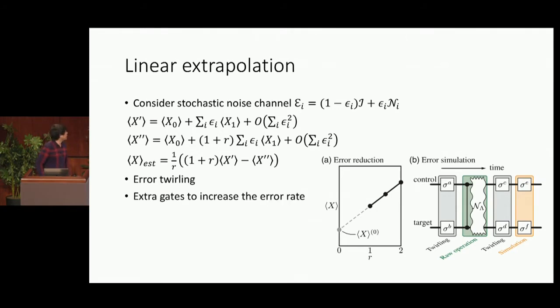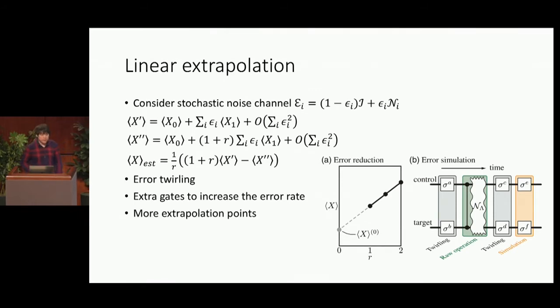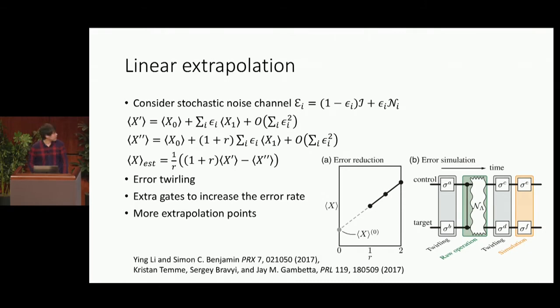And also, if we cannot proportionally increase the noise rate in the experiment, we can randomly add extra Pauli matrices to increase the error rate. Furthermore, we can use more extrapolation points to get an even more accurate estimation of the noiseless value. This method is proposed in both of these two papers, where the first one is by my colleague, while the second one is by the team here at IBM.